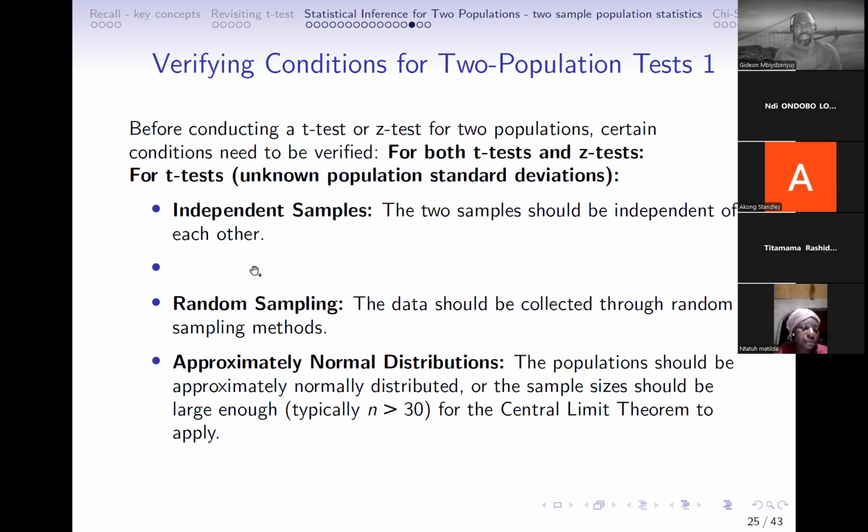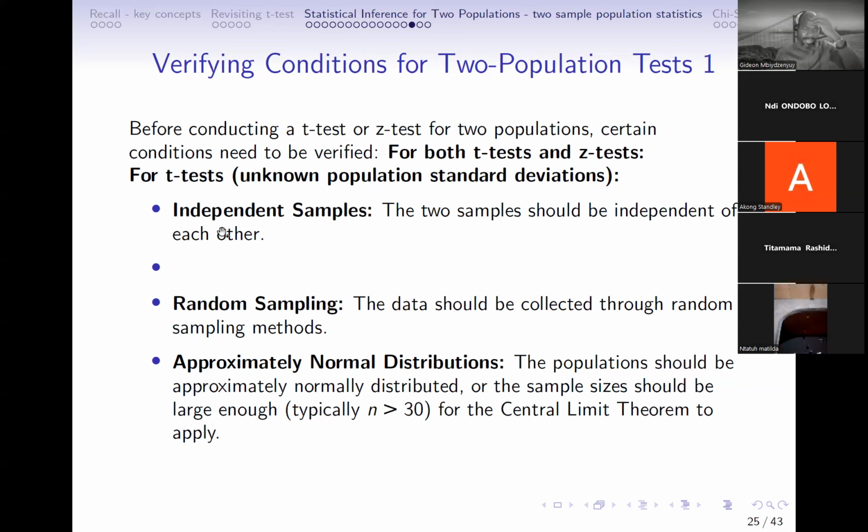So, almost getting to the end of this, the conditions for a two-population test, we've just mentioned them. Before we conduct a T or a Z test for two populations, we have certain conditions that need to be fulfilled.